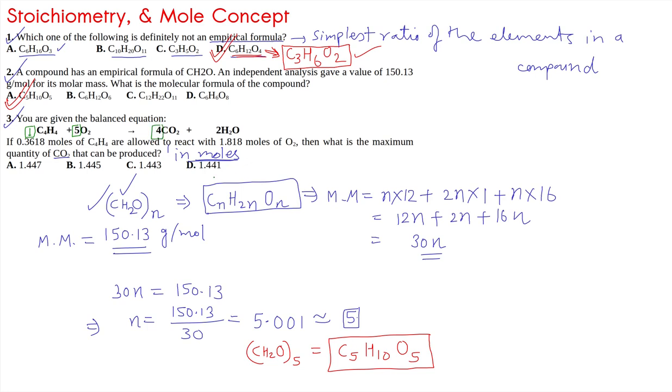So let us see which is the limiting reagent here, because we have been given that we have 0.3618 moles of C4H4, that is given here.